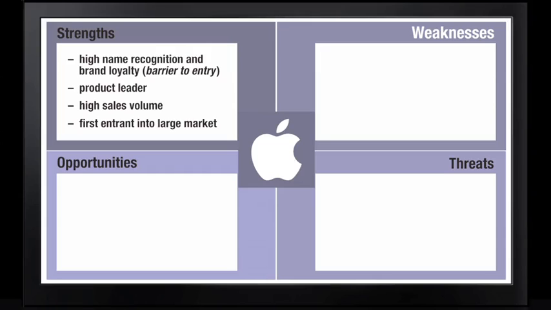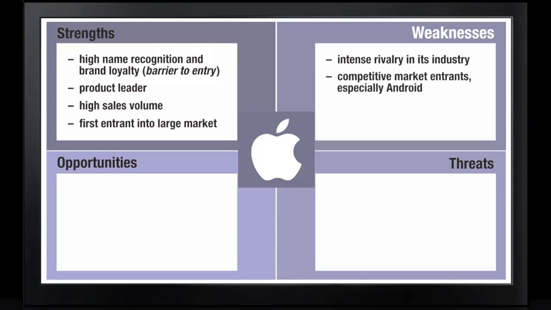One technique that is often used to surface and identify weaknesses is letting everyone write them down anonymously and then compiling them and posting them for everyone to see. If we again consider Apple, it now faces a strategic weakness due to the intensity of rivalry in its industry. Over the last few years, more companies have entered Apple's markets and market shares are becoming more uniform, especially in regards to Android products.